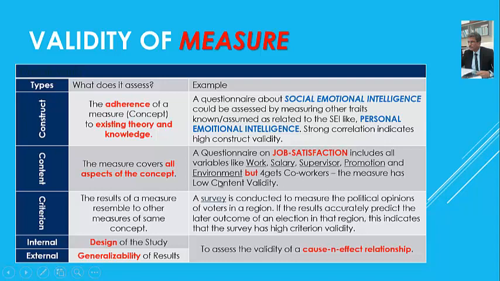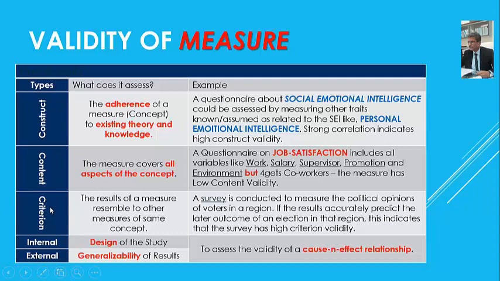The measure has low content validity because it has limited contents and it has to be complete, because information is defined as something which is accurate as well as complete. So if the set of questions measuring a particular concept lacks or is missing one or two attributes of the variable, it will be a question of content validity.